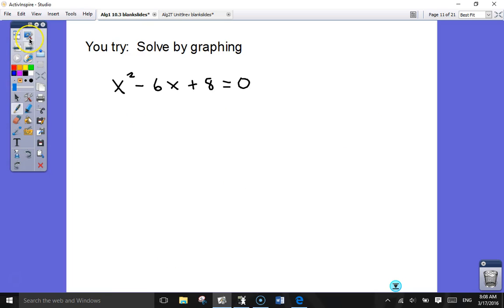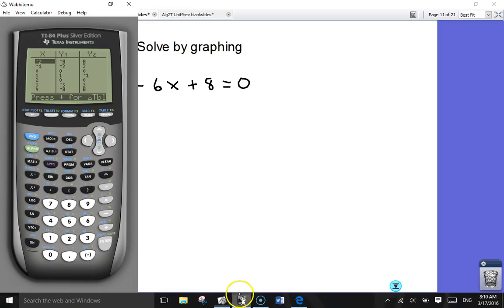Okay, let's try another one. You try. Solve this one by graphing. It's already got a 0 on one side. See if you could get it. Right? So, y equals x squared minus 6x plus 8. Graph.